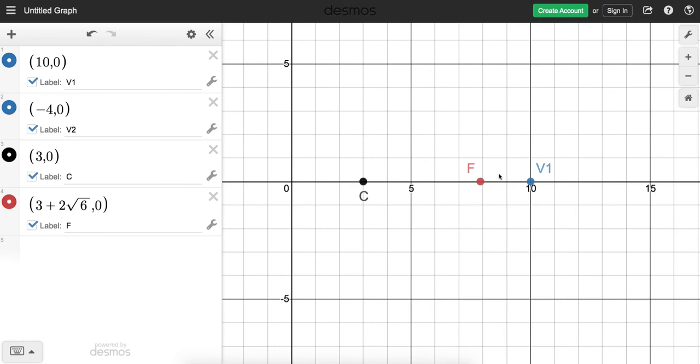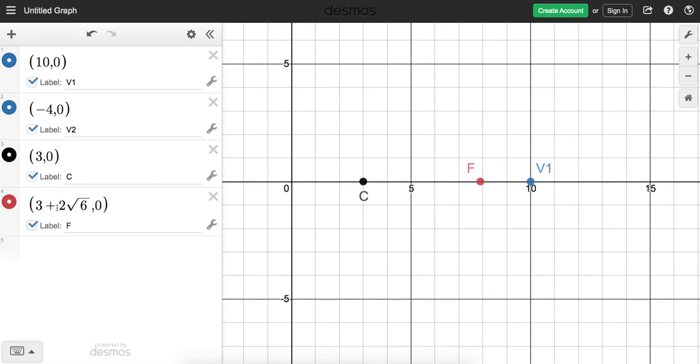In our foci equation, c squared equals a squared minus b squared, c represents the distance from the center to a focus point. Starting at (3, 0), what we had to add to our center to get this focus point is 2√6.